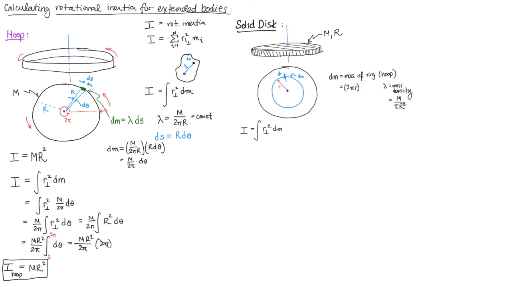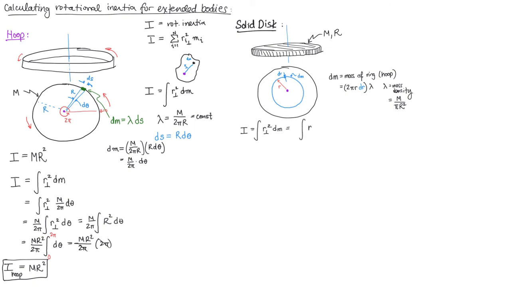So we can write the area of that hoop in the following way: 2 pi r dr times this density. Okay. So now we have an expression for dm, which we can use down here in our integral.